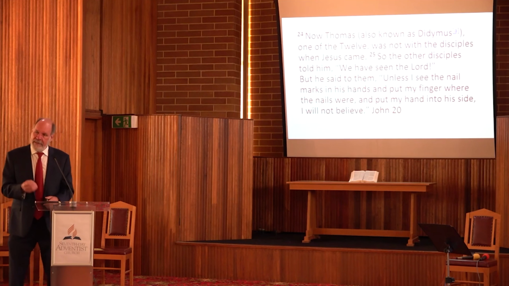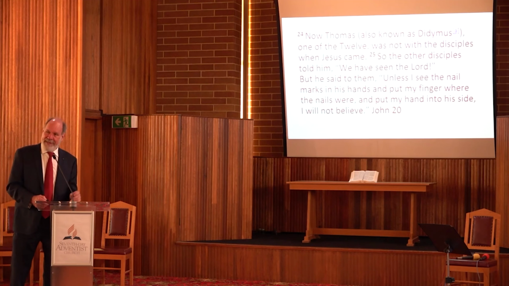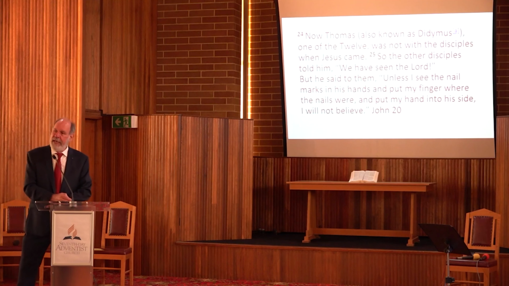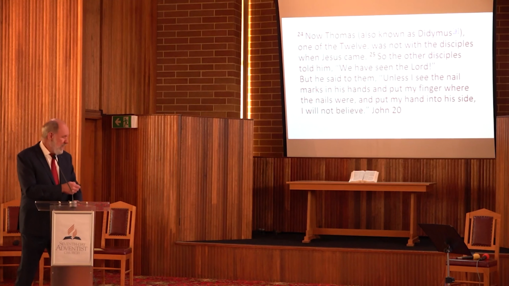That's why he has this specification. Unless I see the nail marks in his hands and put my finger where the nails were. Right? Okay? And that's a very skeptical statement. It's the man who was prepared to die with Jesus now saying, I don't believe Jesus is resurrected unless you can prove it to me absolutely.